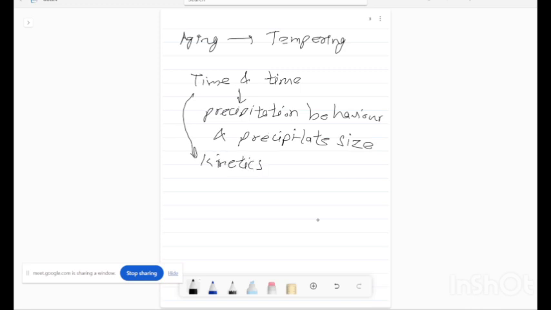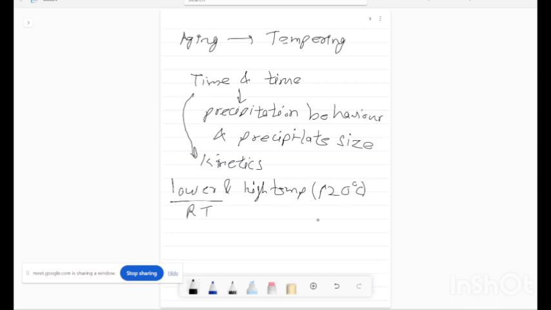Like if we check the aging or tempering done at lower and high temperature, let's say 120 degree Celsius. If we see the time, at lower temperature or room temperature, it will take much more time as compared to the high temperature aging or tempering process.